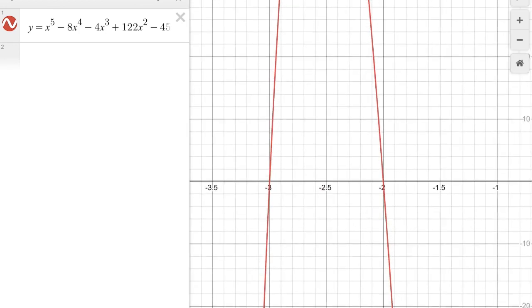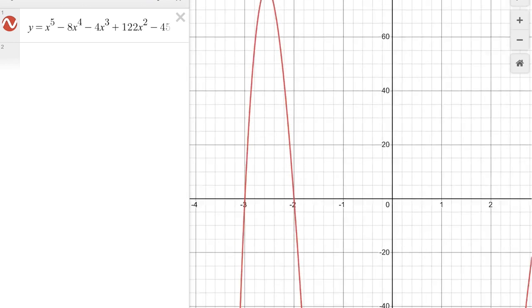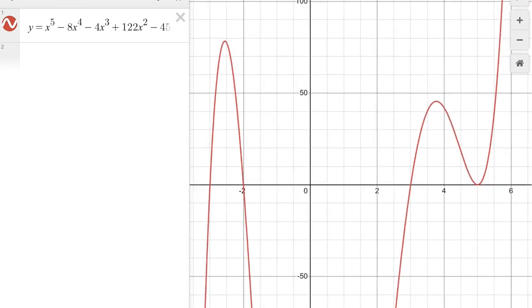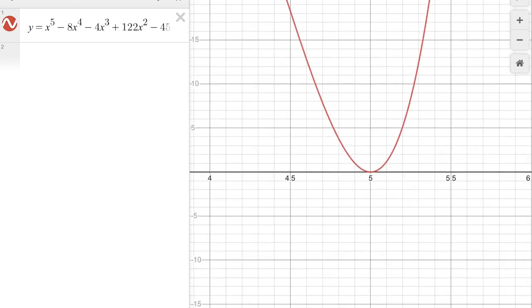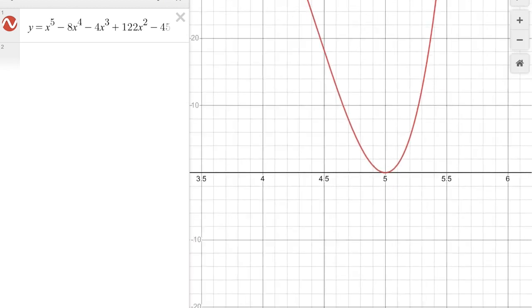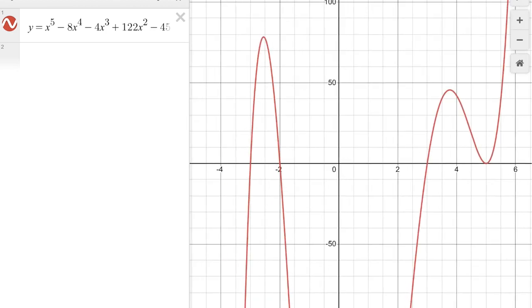Do you feel pretty good about negative 2 and negative 3? You should, because they clearly are x-intercepts. What's going on over here at 5? Maybe I better leave that one go for a while. I already have 3 roots that I can start with, that is, start doing some division and depression.